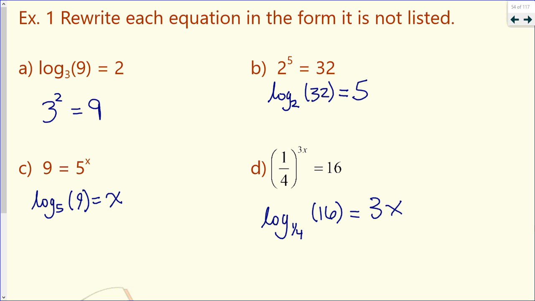Notice in part C, right there, I have 5 trapped as an exponent, but when I go to log form, it's no longer an exponent. It's already solved for. Notice in D, I now can solve for x, because I could just divide both sides by 3. So what going to log form does is it frees numbers from exponents.